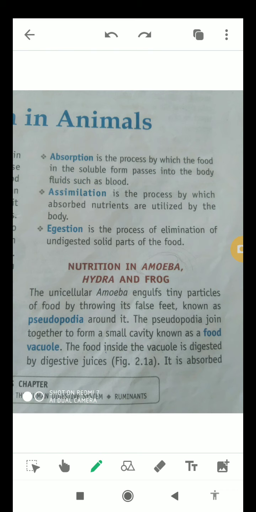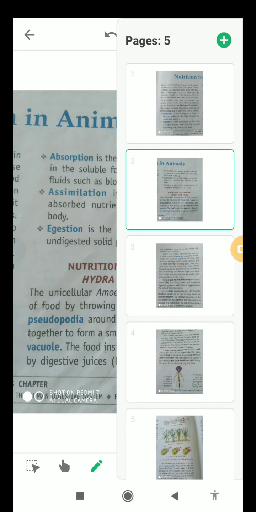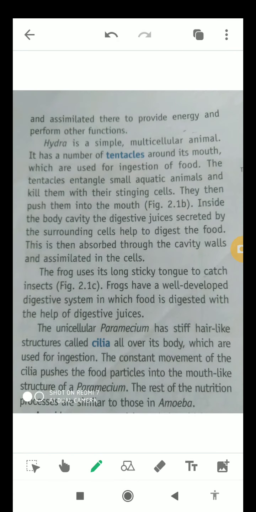So it engulfs tiny particles of food by throwing its false feet called pseudopodia around it, and pseudopodia join together to form a small cavity that is known as food vacuole, and the food inside the vacuole is digested by the digestive juices. Okay, then it is absorbed and assimilated there to provide energy and perform other functions as well.